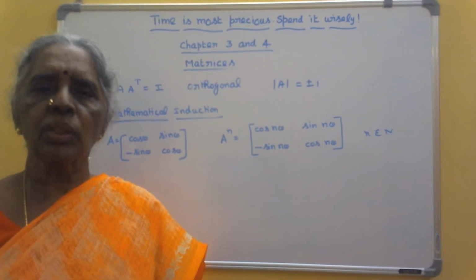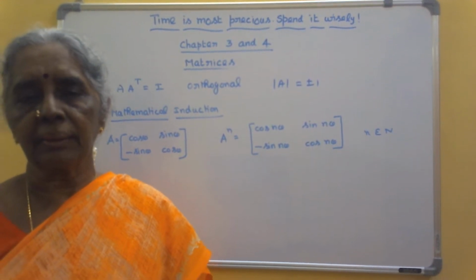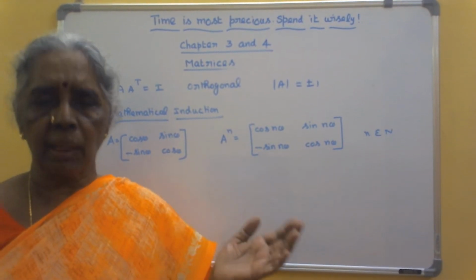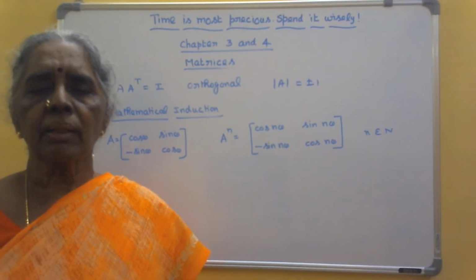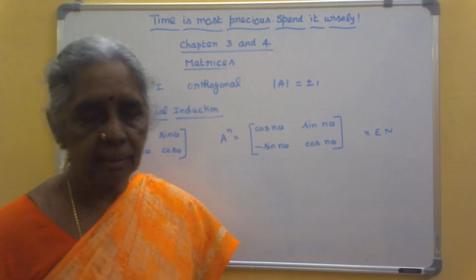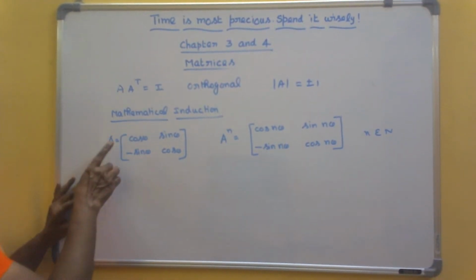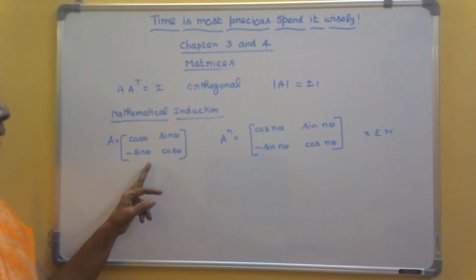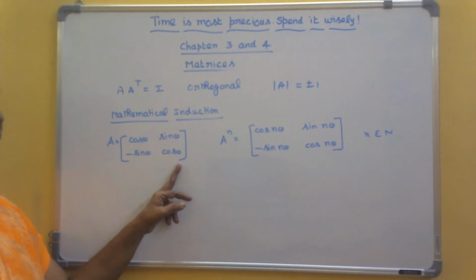Then one more concept in which an MCQ can be asked is mathematical induction. There are some sums in your miscellaneous exercise. In that, one sum is A is equal to [cos theta, sin theta; minus sin theta, cos theta].